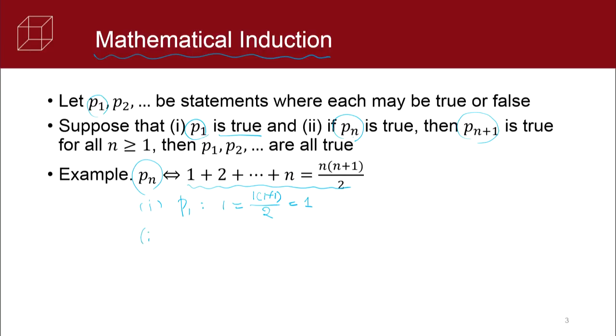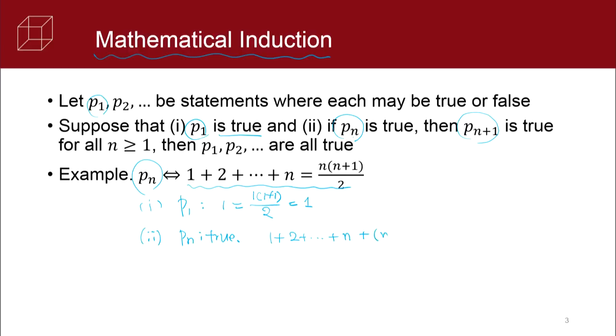And let's assume that Pn is true. Then we'd like to make sure Pn plus 1 is also true, right? So what we can do is add n plus 1 to each side of this equation.